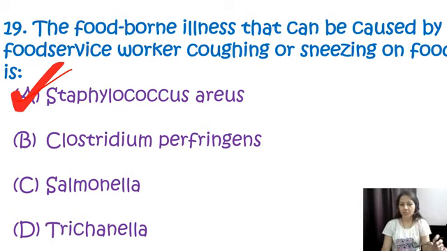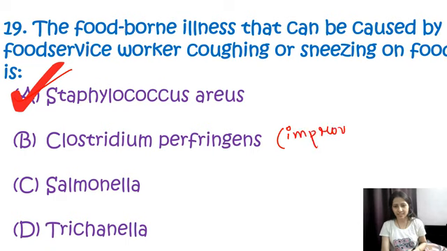Whereas Clostridium perfringens, Salmonella and Trichinella are all pathogens that can cause foodborne illness, but they are typically transmitted through different mechanisms, not through coughing or sneezing. Clostridium perfringens is associated with improperly stored or cooked foods.